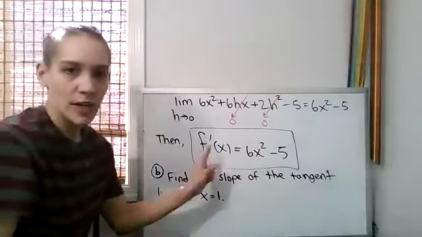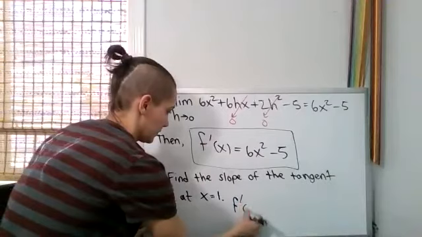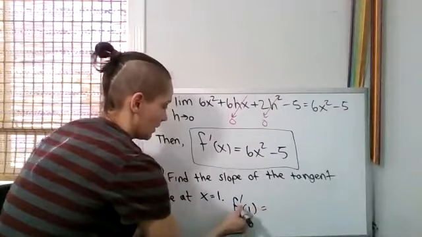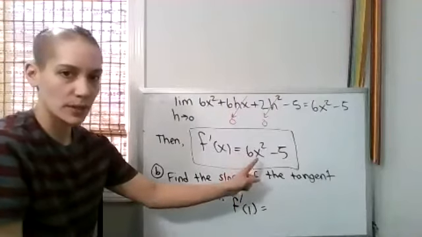Okay, so f prime of 1. Put 1 into the function we just found. 6 times 1 squared minus 5.